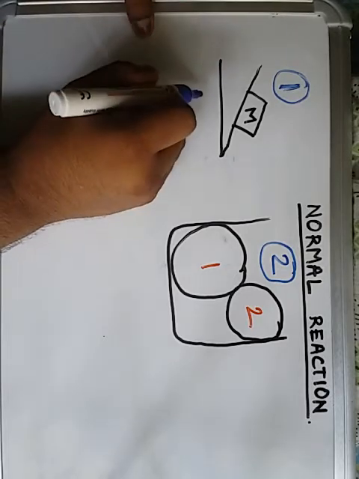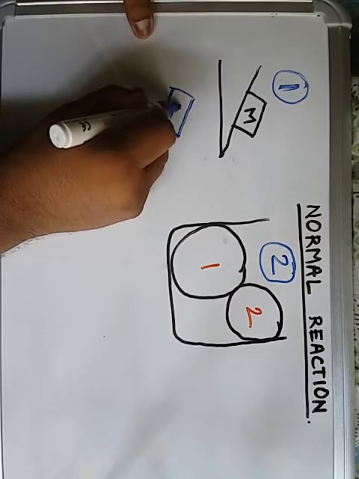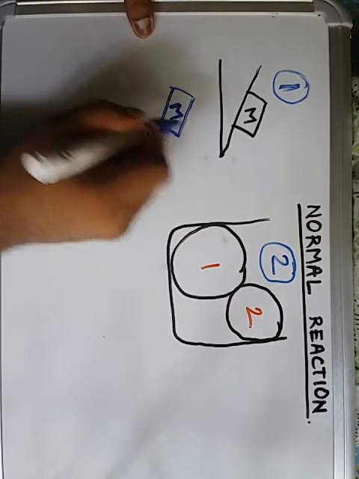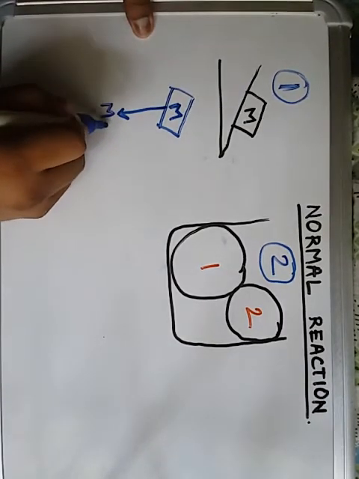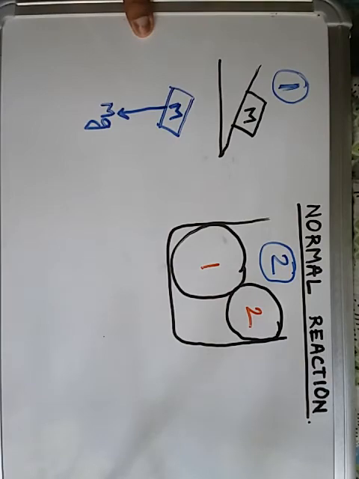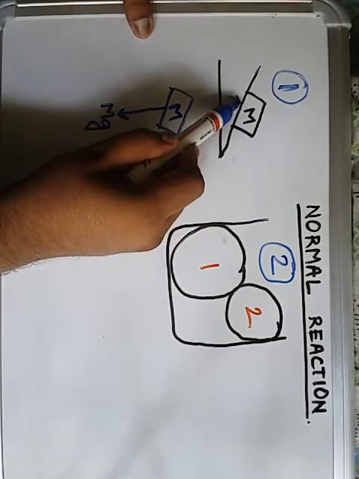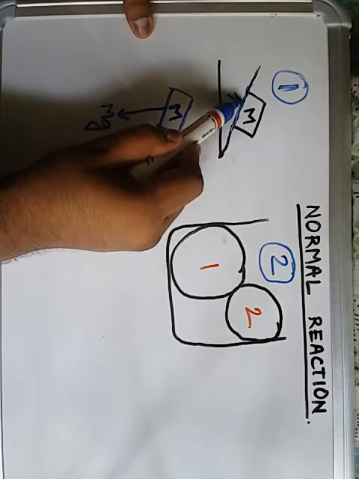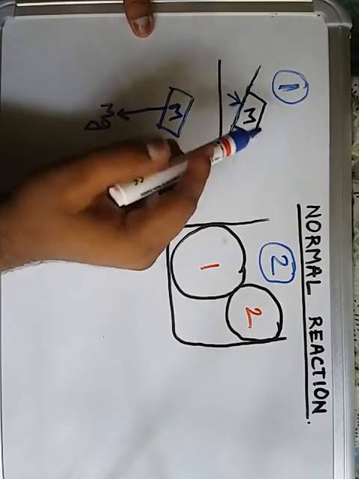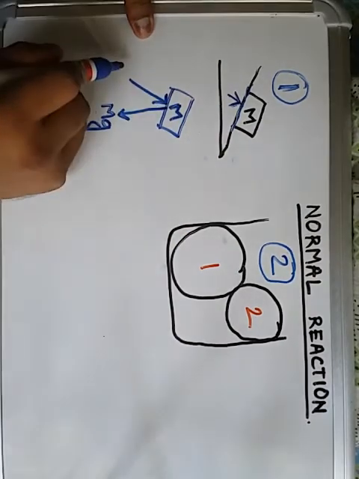Now if we look at this box of mass m, the gravitational force is acting on it, as well as the normal reaction offered by the ground in this direction. Since this is the contact plane, the normal reaction is perpendicular to the contact plane, and hence it is in this direction that I am showing with this arrow. So this is the normal reaction.